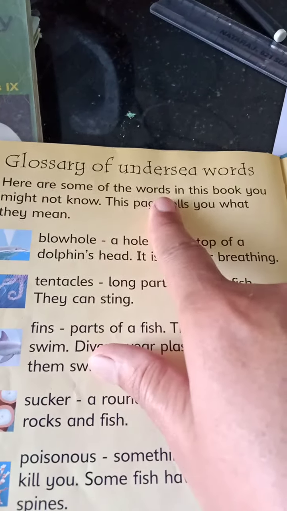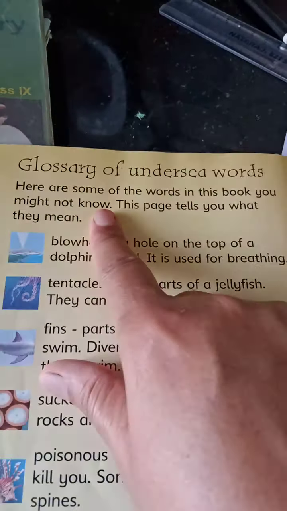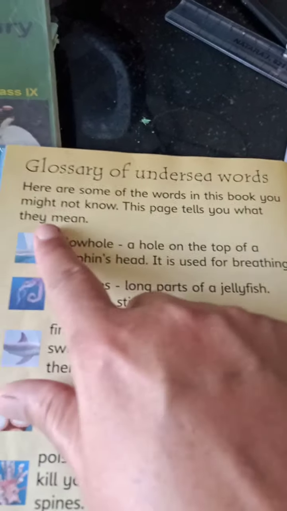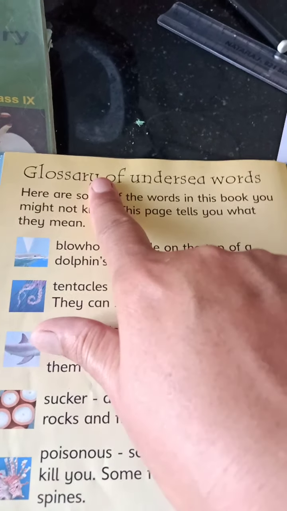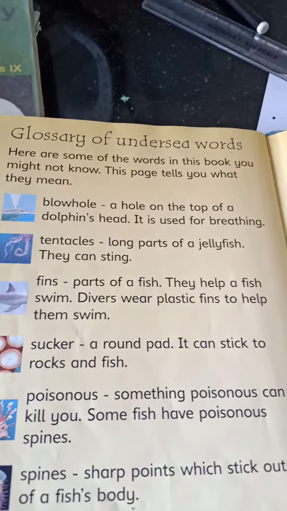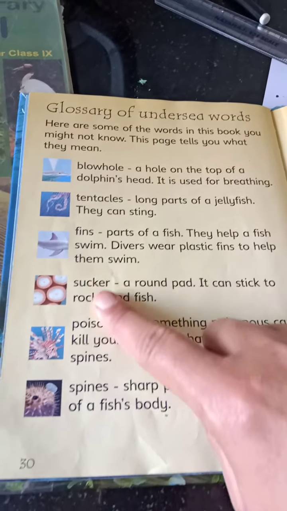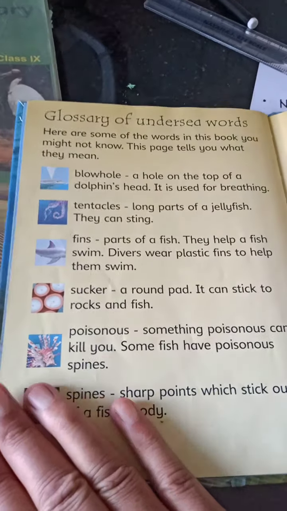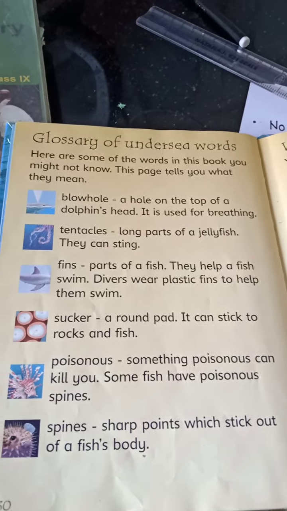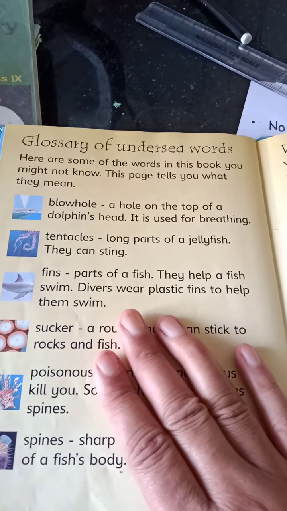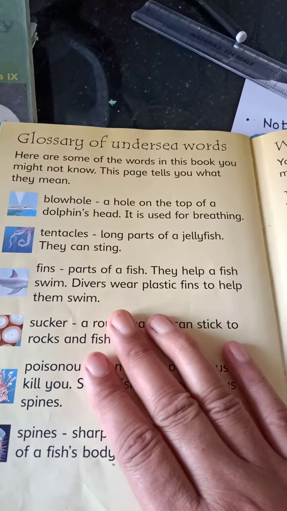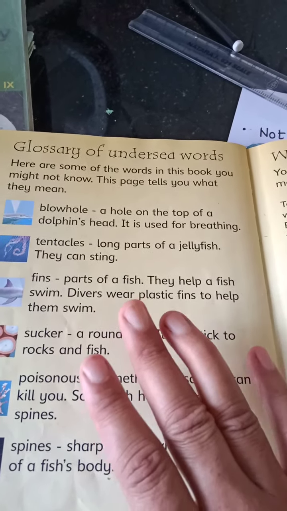Here are some of the words in this book you might not know. This page tells you what they mean. Oh, so glossary actually means the list of words which were there in the book and they were a bit difficult. So glossary in a non-fictional book or an information text helps the readers to understand the difficult words.